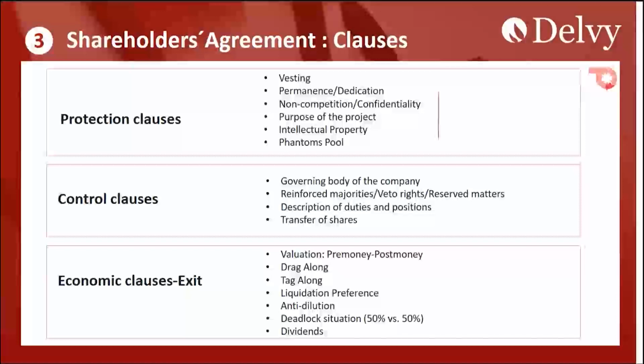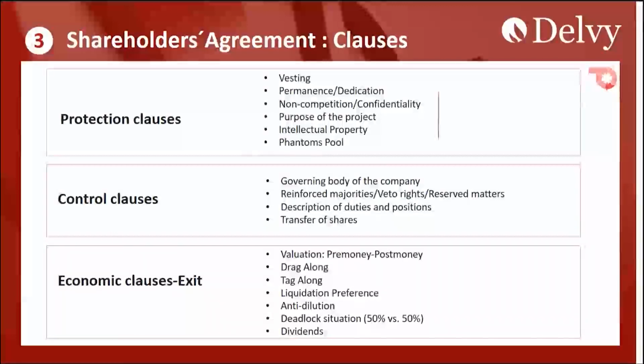As I mentioned before, the protection clauses will be more based on protecting that the company has continuity no matter what happens, or no matter the founder's dedication within the company.